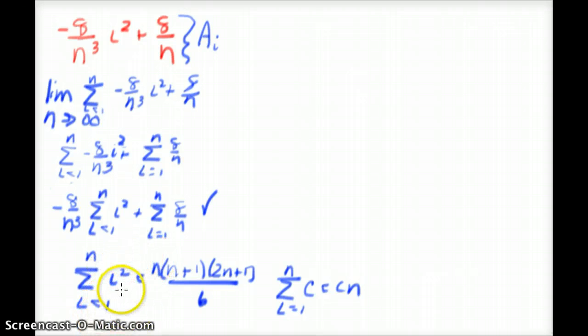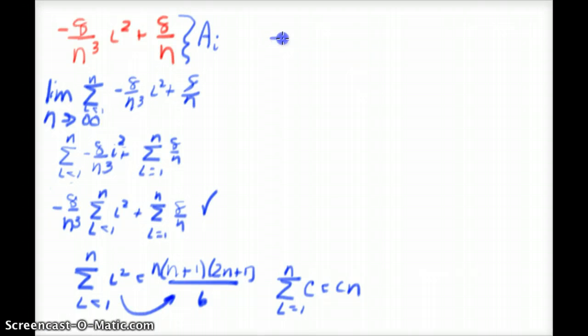Here's a really neat formula that if you have an expression that looks just like this, and you have i squared, that is equivalent to this algebraic relationship, and the same thing for some constant. Okay, now you'll go through that and you'll explore that and you'll get that, so that'll be helpful.